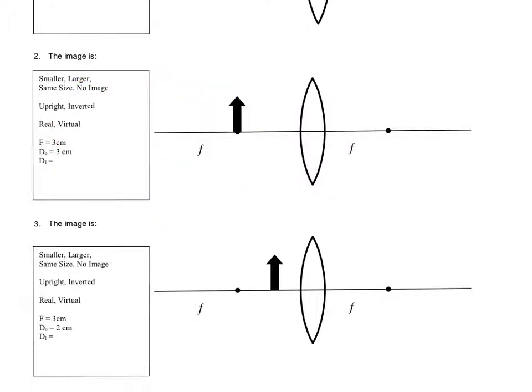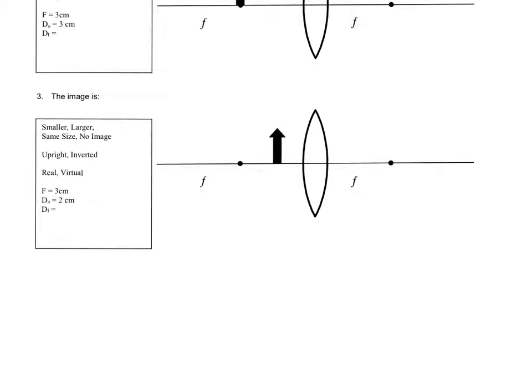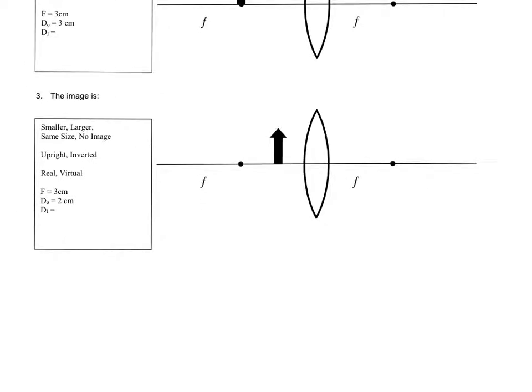And the last diagram is showing me the position of the object between the focal point and the lens. And there are certain characteristics of an image that appears when an object is between the focal point and the lens. So we would classify this as 0.5F because it's halfway between the focal point and the lens.